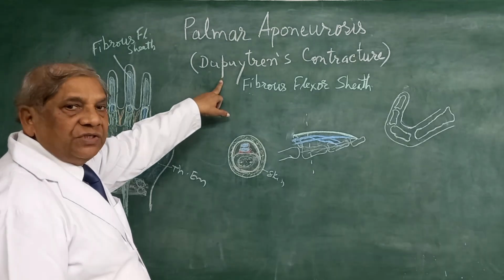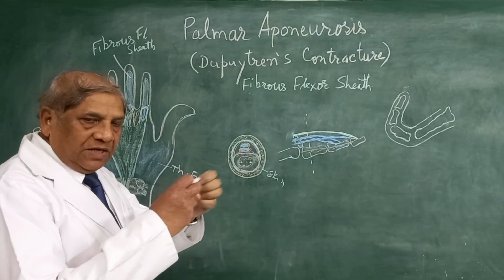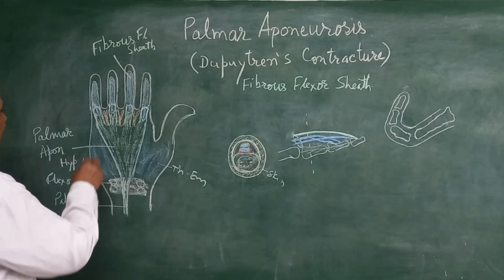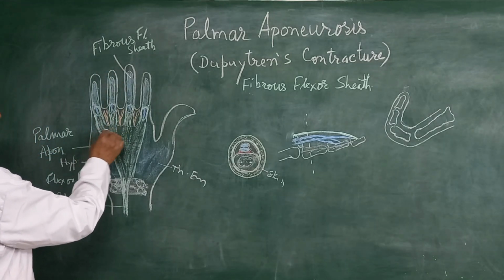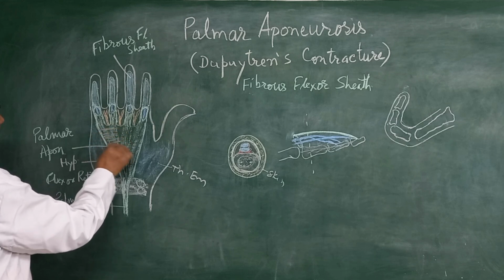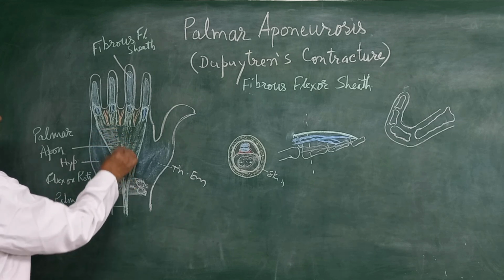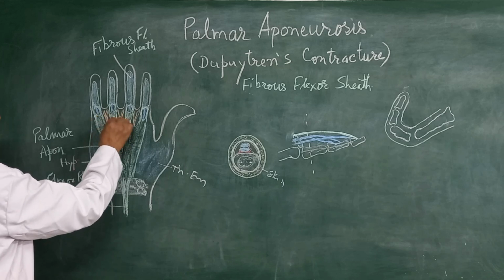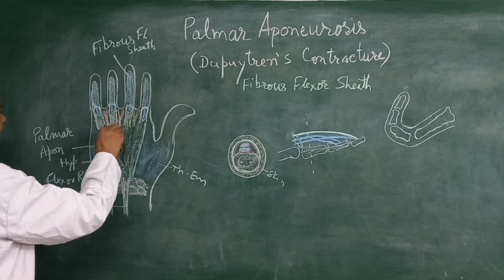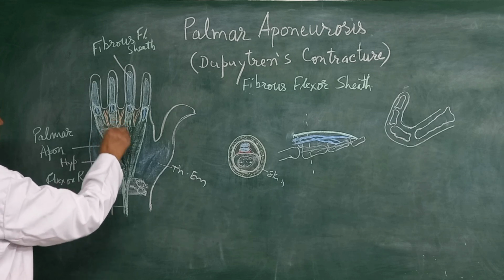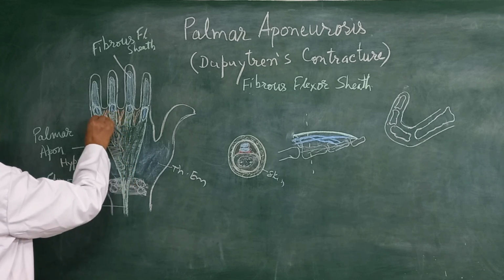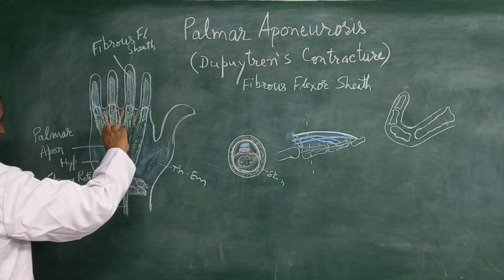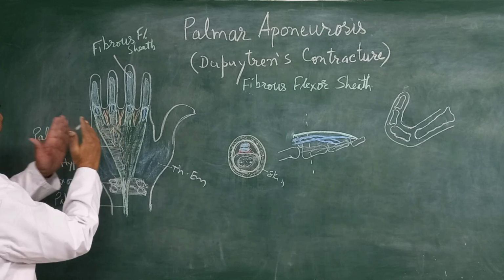Dupuytren's contracture, and contracture means the shortening, and shortening is because of the contracture of this medial part of the Palmar aponeurosis, which is going towards the ring finger and towards the little finger, which gets contracted.